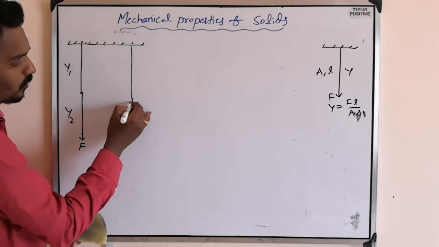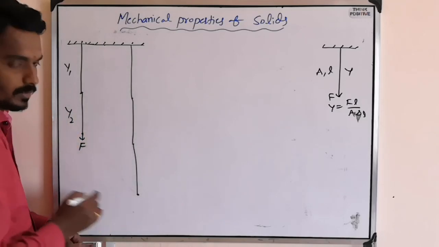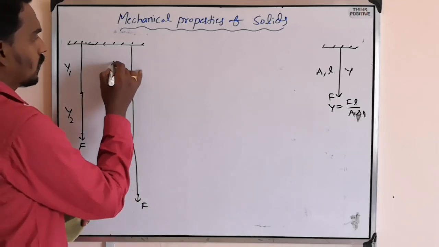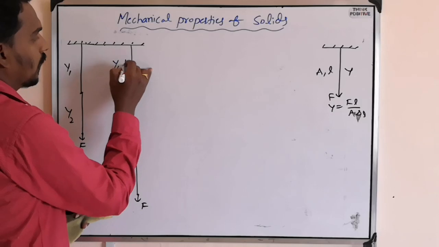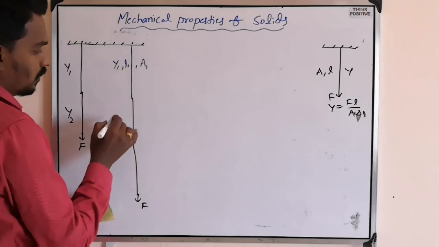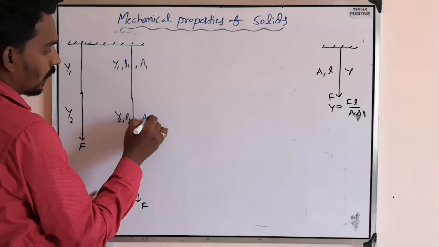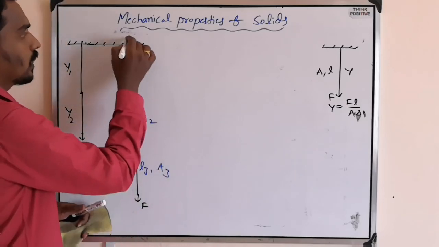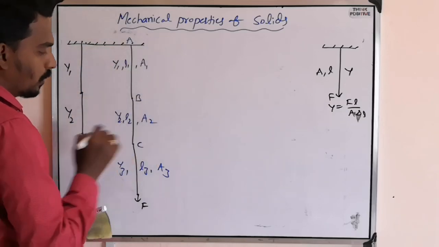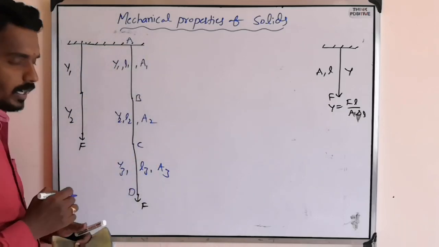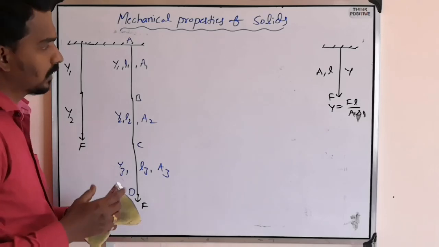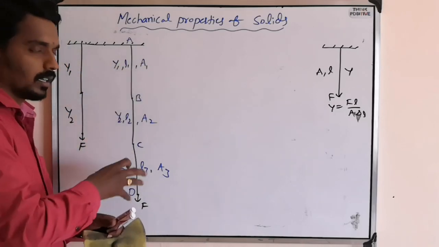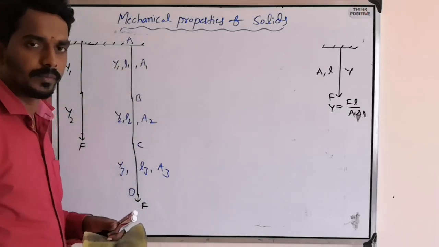Or sometimes they give three wires and here you will apply force F. Like this is Y1, L1, A1, Y2, L2, A2 and Y3, L3, A3. Let's take like A, B is one wire, B, C is another wire and C, D is another wire. In such case, what is the extension in the total system, they will ask you.